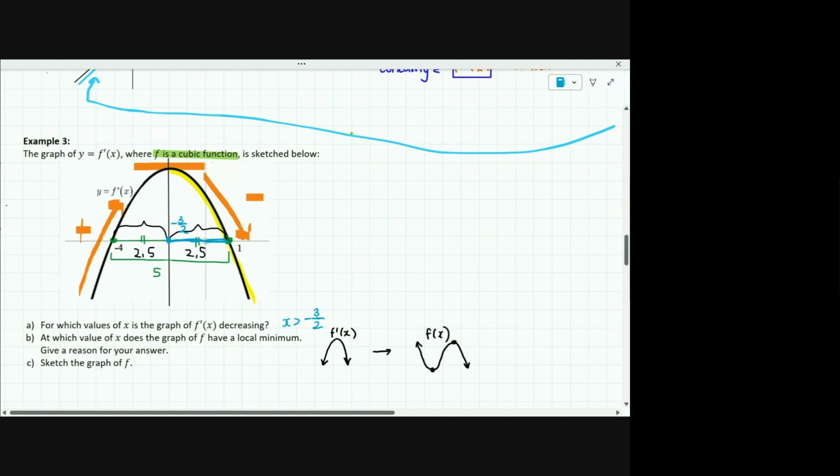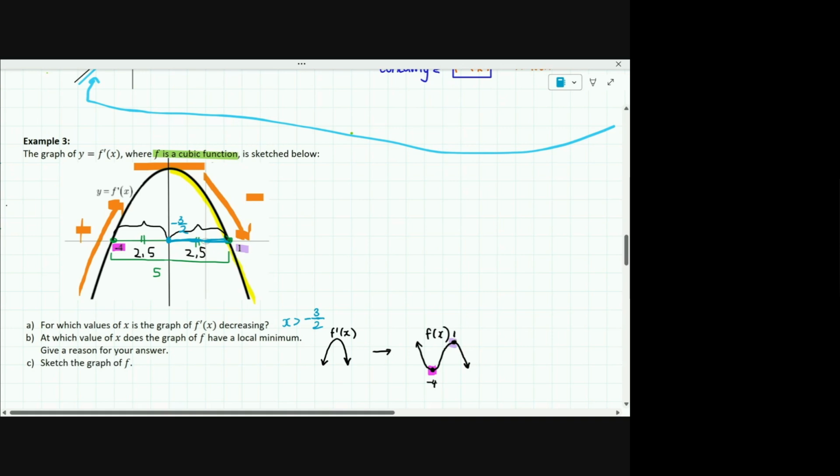And remember, those x values correspond to your x-intercepts on your parabola. So this local minimum corresponds to our first x-intercept, and the local maximum corresponds to our second x-intercept. So we actually know these two values. This is at -4 on the x-axis, and this is at +1 on the x-axis.